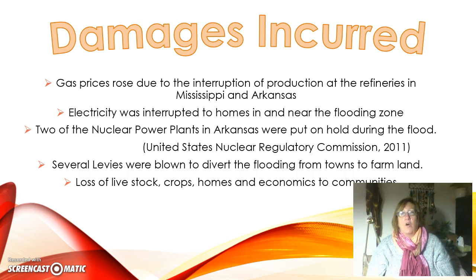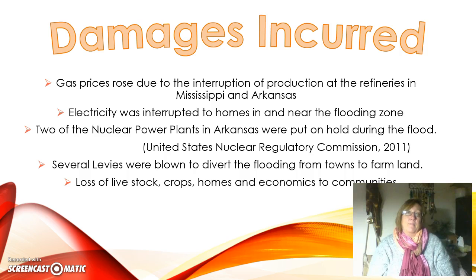Electricity was interrupted in homes near the flooding zone. 2 of the nuclear power plants in Arkansas were put on hold during the flood because of possible danger there, and that affected the rest of the United States with their electricity quite a bit because a lot of our electricity is pumped out of those. There's 3 major nuclear plants there.